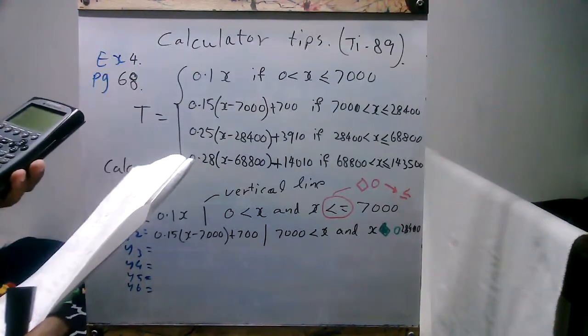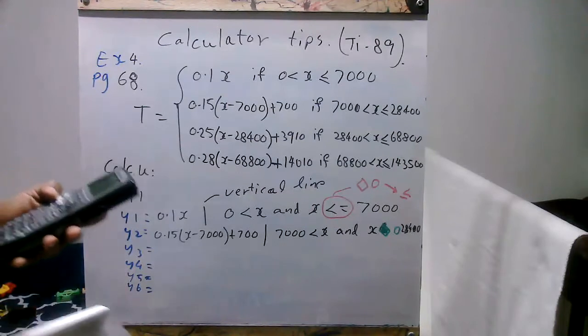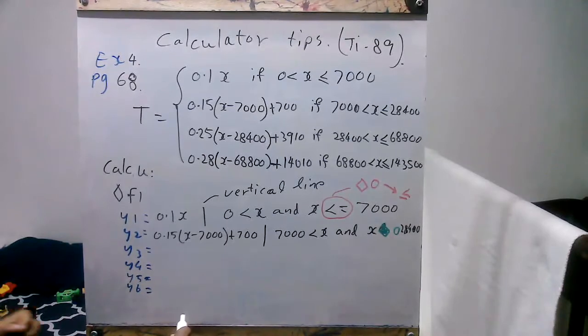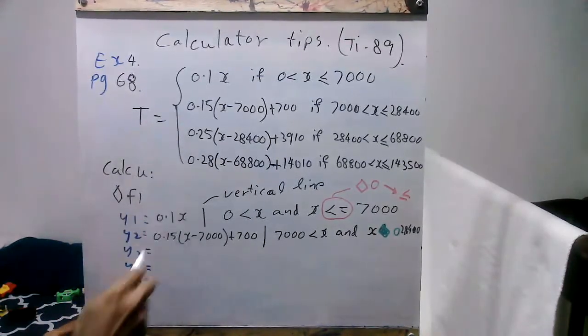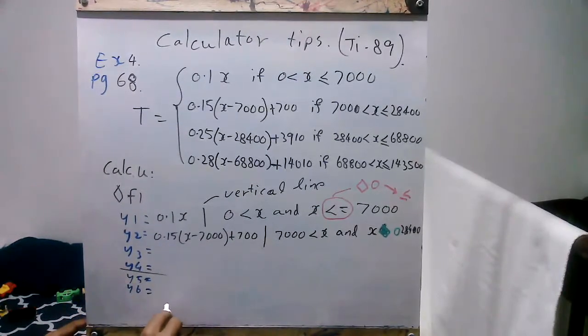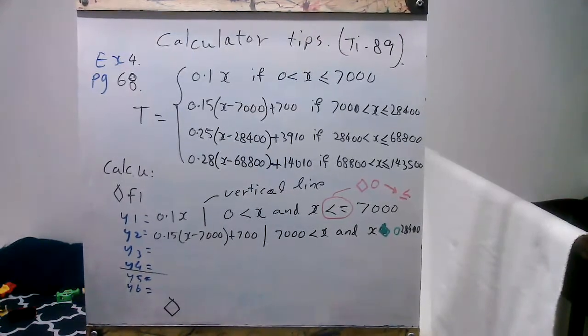Then enter green diamond and F3. After you enter all these, you have to enter 4 equations up to here, then green diamond and F3.